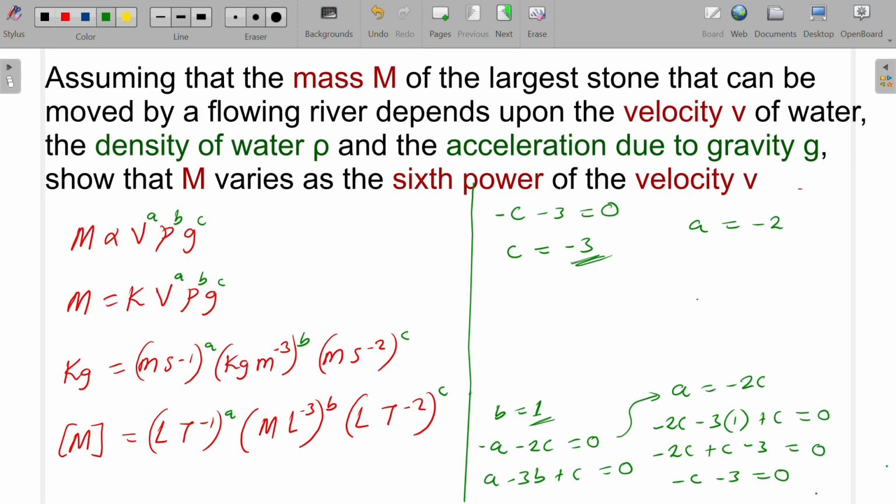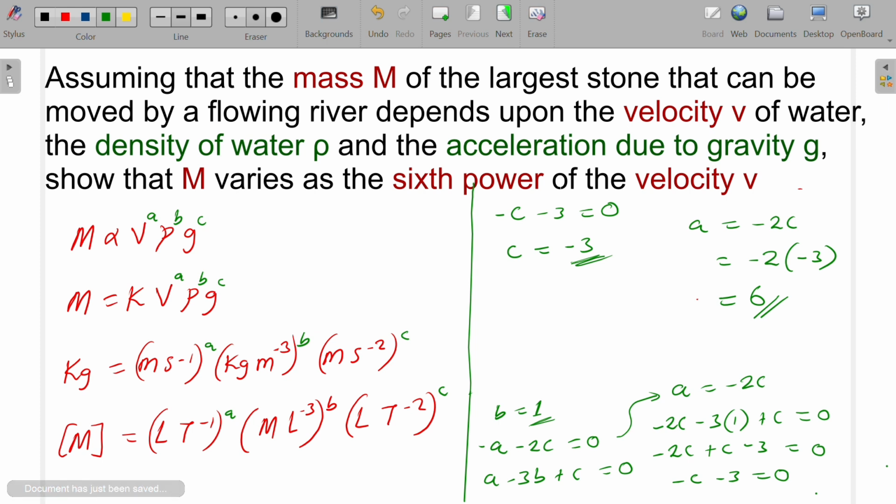So a is equal to minus 2 multiplied by c, which is minus 3. A negative times a negative gives us a positive. 2 times 3 is equal to 6. So the value of a is 6.